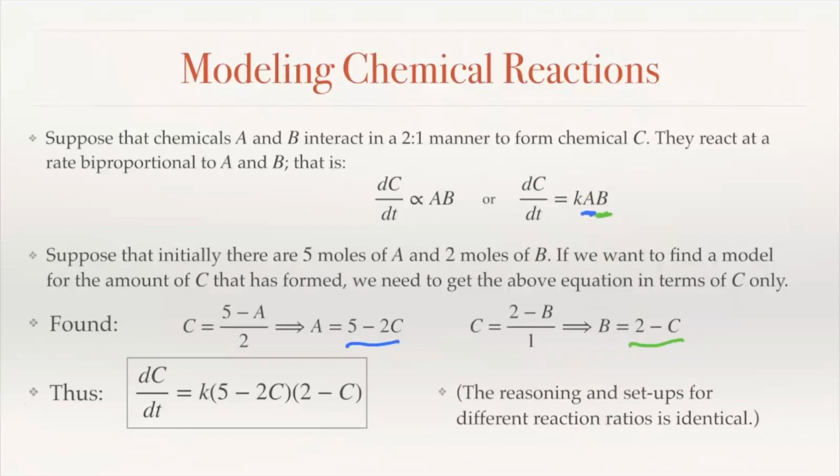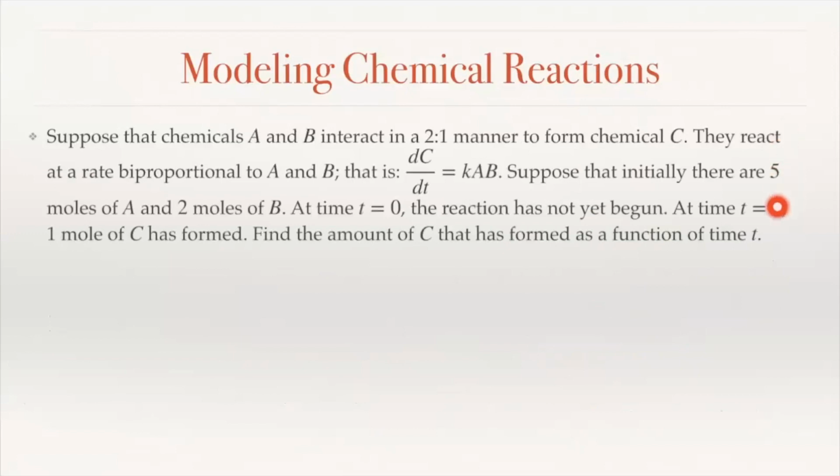Let's finish solving this problem though. Same setup: initially 5 moles of A, 2 moles of B, they react in a 2-to-1 manner. At time t equals 0, the reaction has not yet begun, and at time t equals 1, 1 mole of C has formed. So from this, find the amount of C that has formed as a function of time.